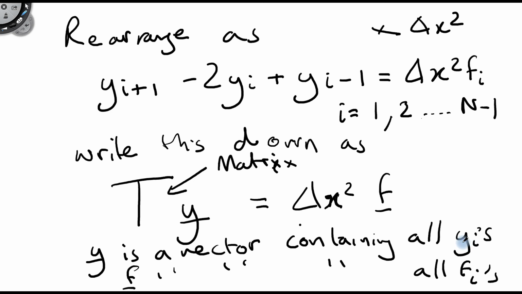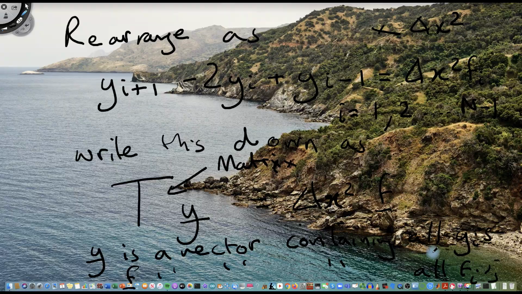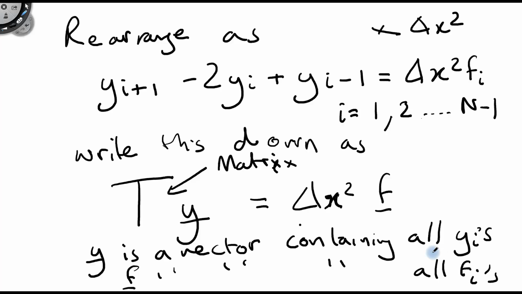So we can write it down in this form, and you'll see that in order to have this differencing formula and the boundary conditions all satisfied at the same time, its natural place is to put it into a matrix. So that's the last thing I'm going to do. I'm going to go through this carefully for the next few minutes, and then I propose I pick this up after half term as we go into the matrix section of the module.